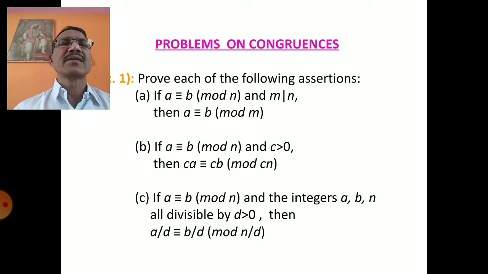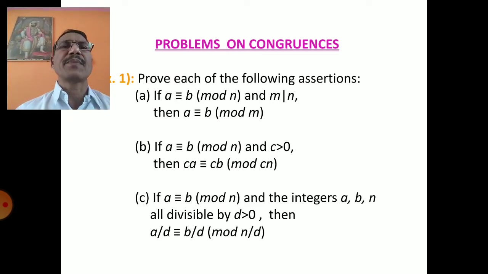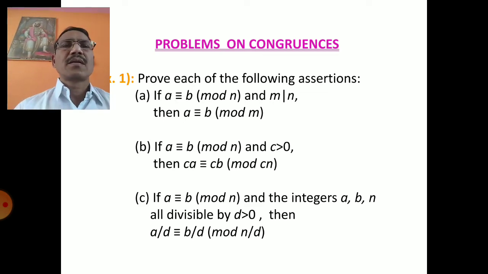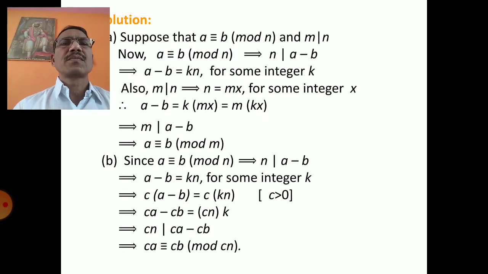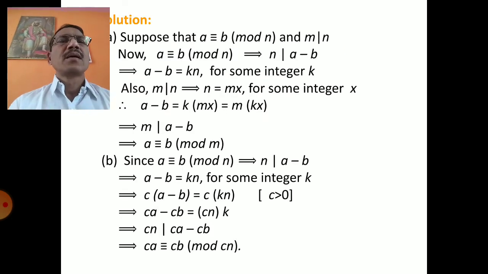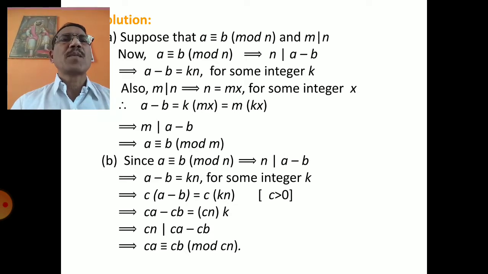Instead of n, there is an m. The remaining thing is the same. Now we shall prove this. It is given that a is congruent to b mod n and m divides n.